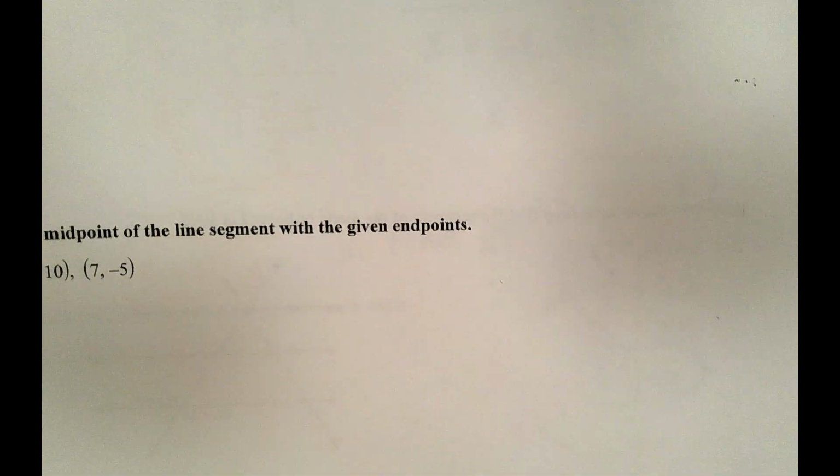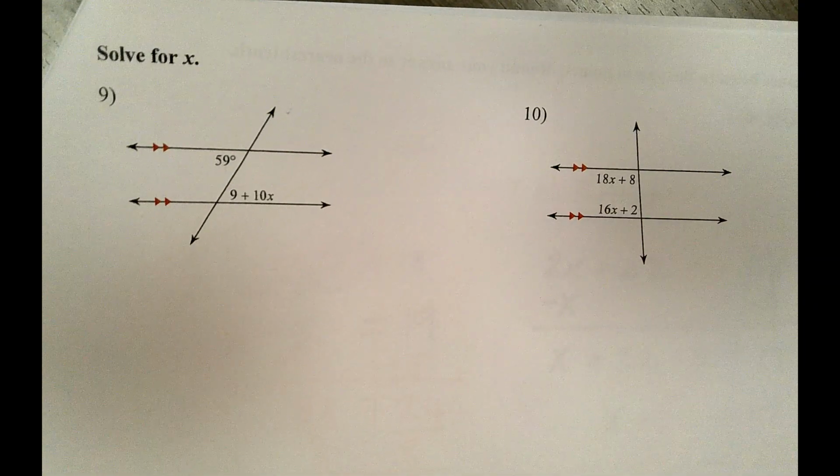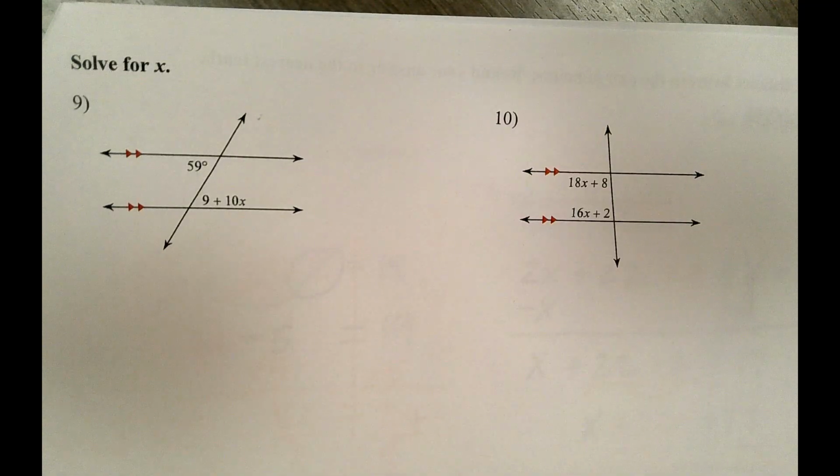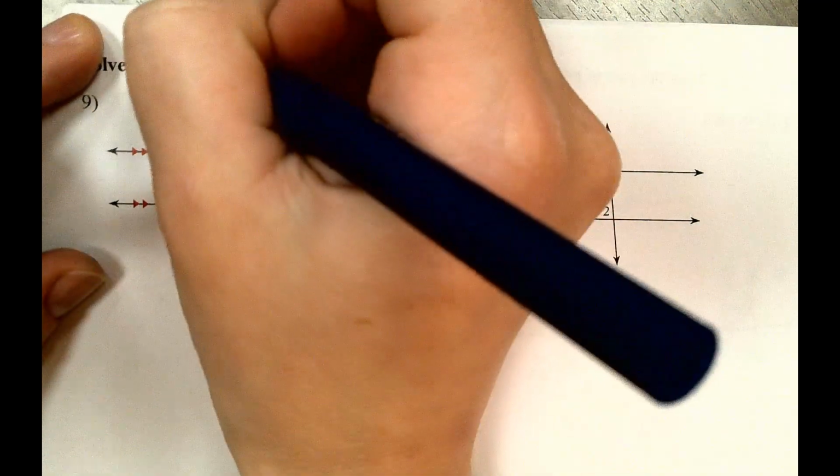Let's look at the next page. Now it says solve for x, and we are using parallel lines and those angle relationships. So remember with these problems, we have 2 options. Are they equal to each other?